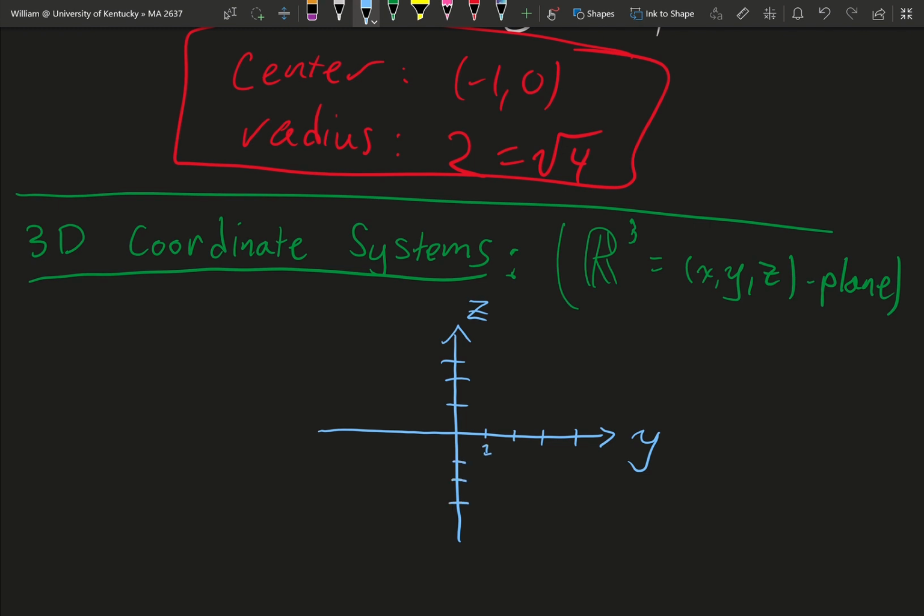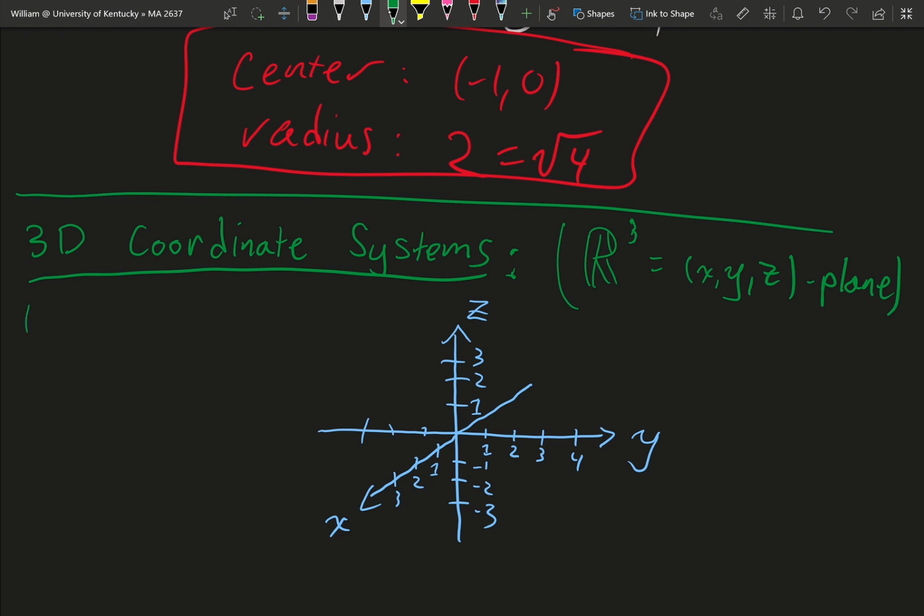This is going to be +1, 2, 3, 4, then 1, 2, 3, and then -1, -2, -3, and so on. Then coming out of the screen, but I can't really draw that, so I'm going to draw it in perspective, is my x coordinates. Coming out of the screen is positive. So this is what my coordinate system looks like.